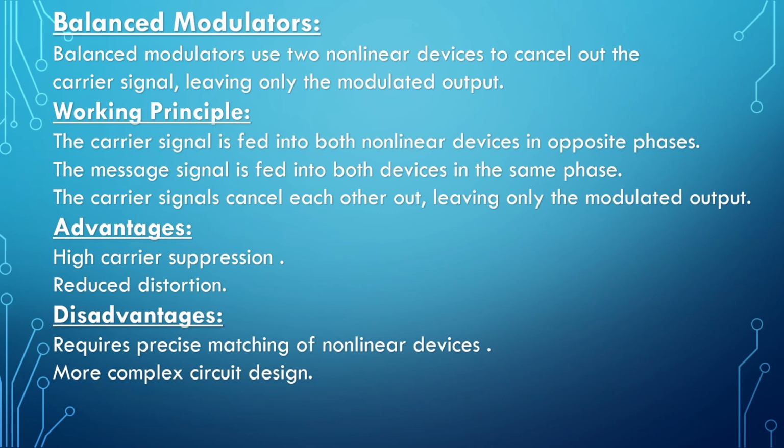Here we conclude that it is a more complex circuit to design, and it also has high carrier suppression, and it also reduces distortion. It requires precise matching of nonlinear devices. It is basically based on nonlinear devices to cancel out the carrier signal. It means when we need to cancel the carrier signal, we use the balanced modulators.